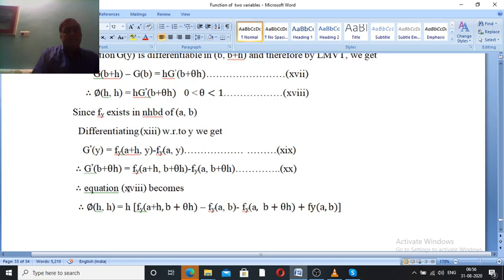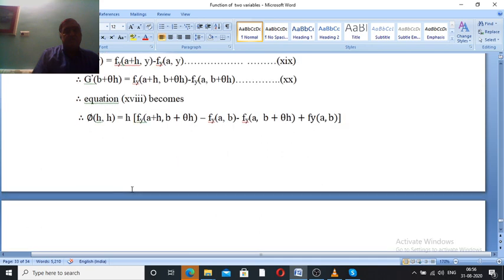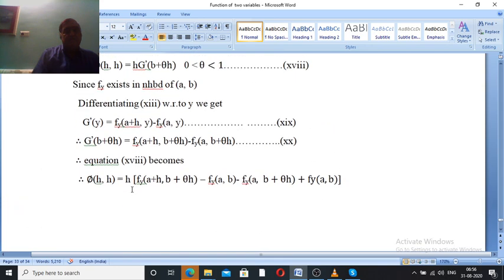Therefore, equation 18 becomes phi of h is equal to h times, what is g dash of b plus theta h? This difference. But we add fy(a, b) one time and subtract fy(a, b) one time. Therefore, we get again this expression.